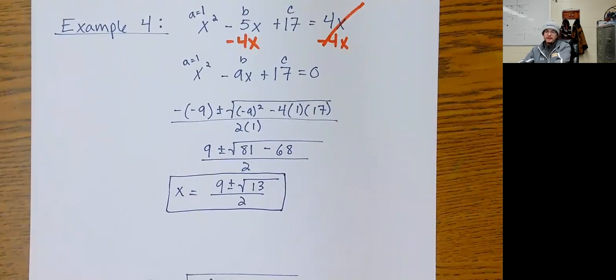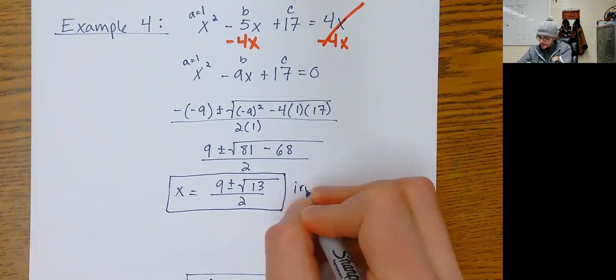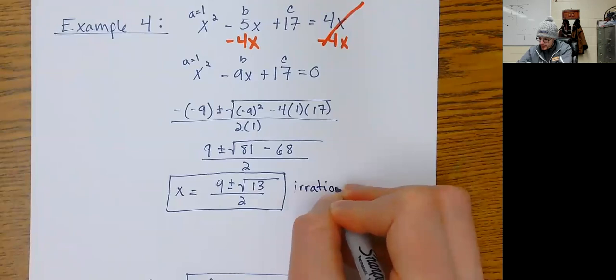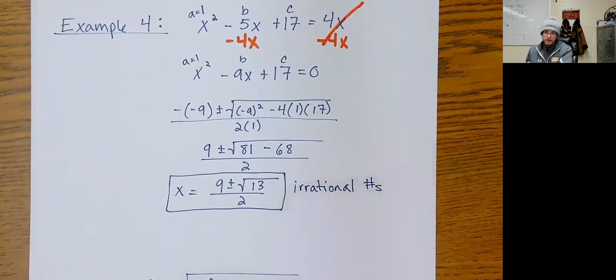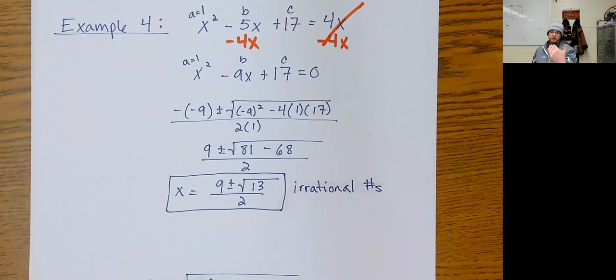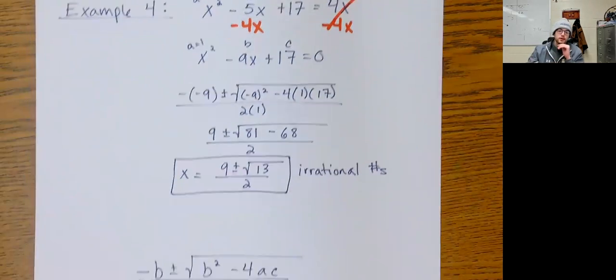So this is an irrational number, just like the last one. You cannot write it as a fraction. You have to keep the radical sign there. I get that that's a fraction, but it's not just a fraction. It still has the radical. It still has the square root in it.